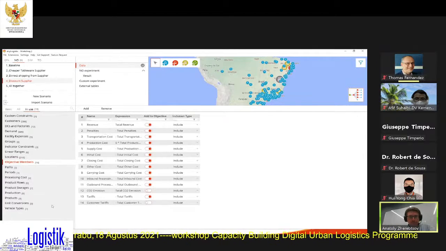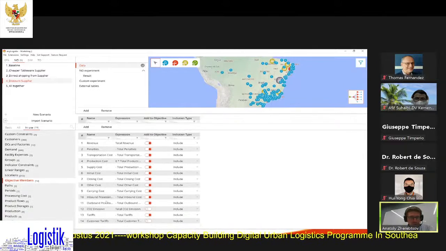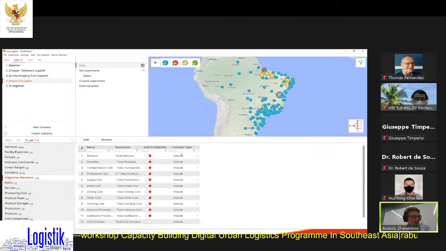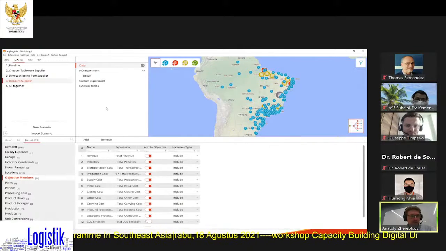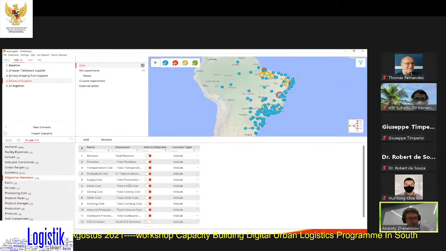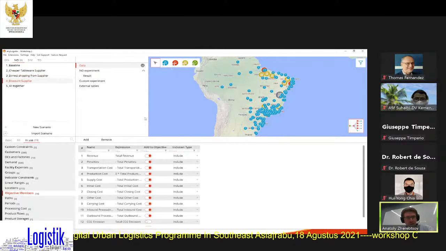So probably I'm going faster than I initially thought I would. But still, once again, we considered a baseline scenario, and we considered 3 options to how we can improve our supply chain.